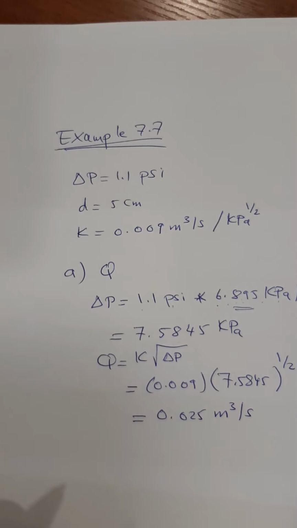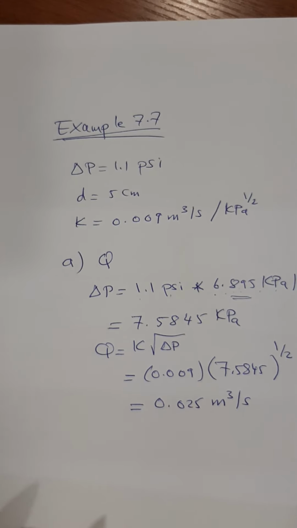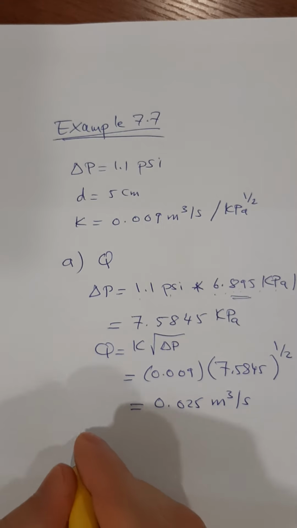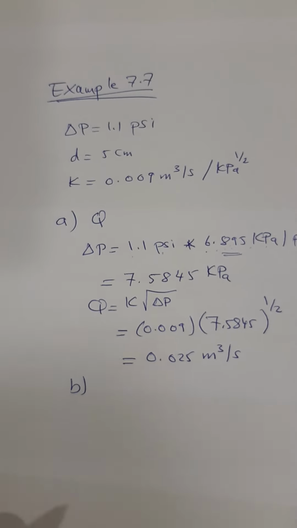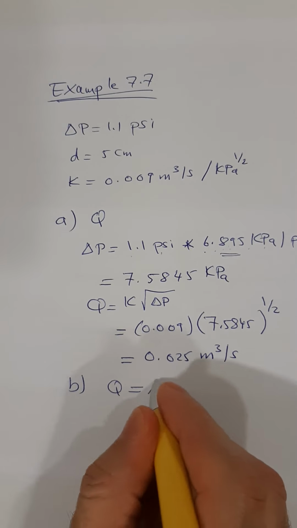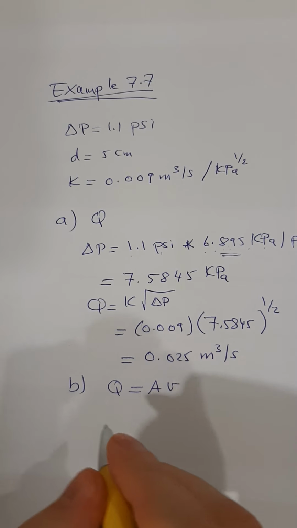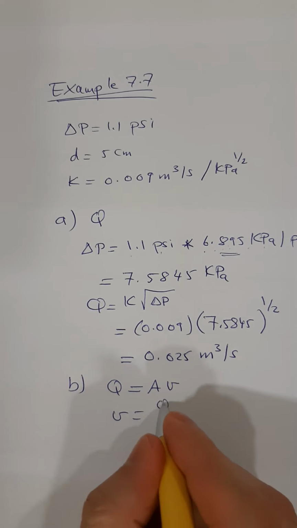This is Q, the volumetric flow in the pipe or in the control valve. Now we also need to calculate the velocity. Then we need to use this equation, Q equal to A times V. So V is equal in this case to Q over A.